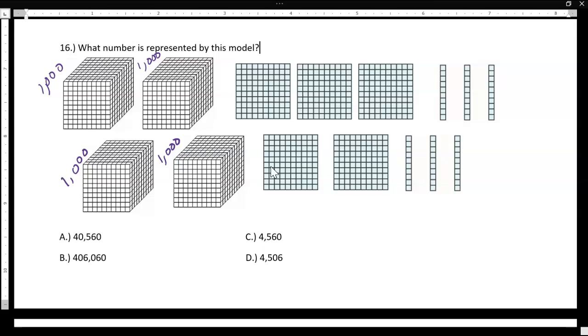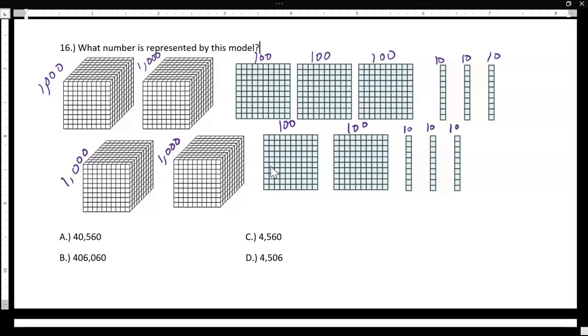How much are the square ones? 100. What about the long skinny ones? 10. Label them all.